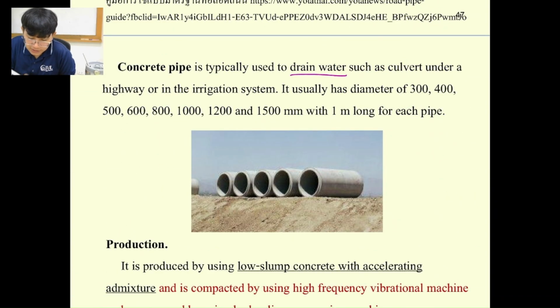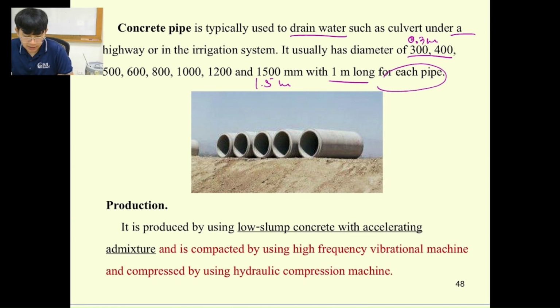Normally used to drain water, such as the one that stays under the highway. It has diameters between 300 millimeters, or about 0.3 meters, up to 1.5 meters, with 1 meter long for each pipe.